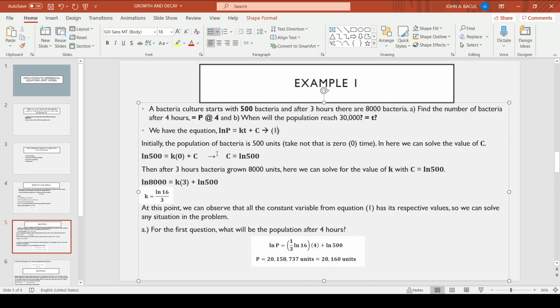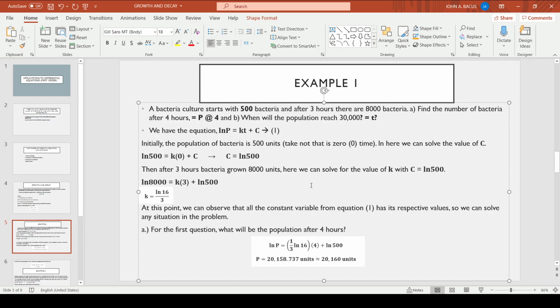Remember that our population started with 500 bacteria, so we can easily substitute and get C. The initial population is 500, and of course the time there is 0, since nothing has started yet. Then after 3 hours, the bacteria grew to 8,000.